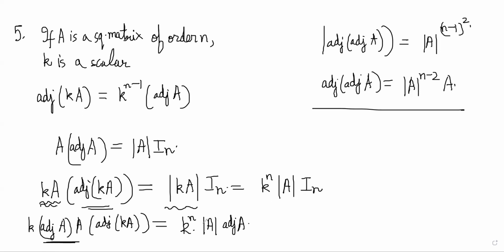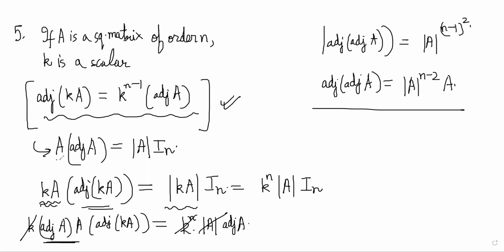Det of A gets cancelled, K gets cancelled, it becomes K power n minus 1 adjoint of A. So we get the proof for this. It is coming from this property by replacing A with Ka and pre-multiplying with adjoint of A. Again, this property is super important.